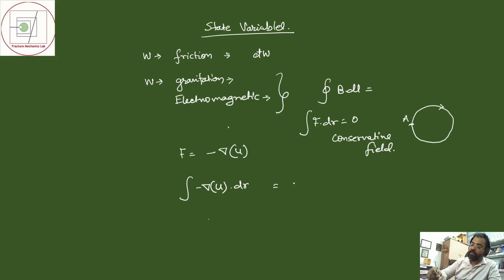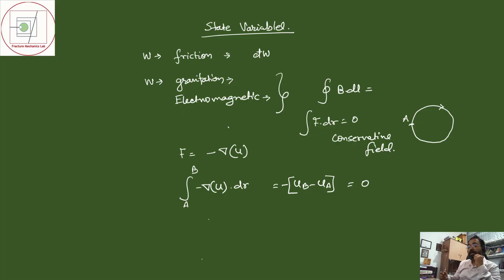So then that value becomes negative of ub minus ua when you apply a and b, and so if you are going from a to a, then that is equal to 0 itself.